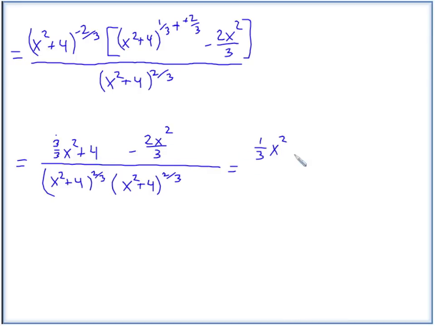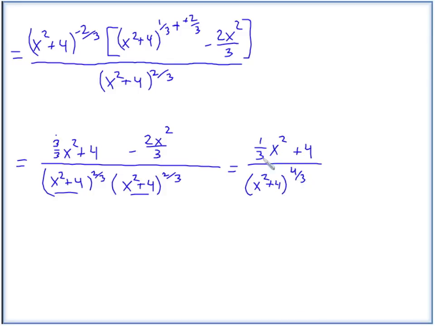We still have plus 4. And let's deal with this here. If we have this times this, so like bases, we add our exponents. So 2/3 plus 2/3 is going to give us 4/3. So we have (x squared plus 4) to the 4/3.